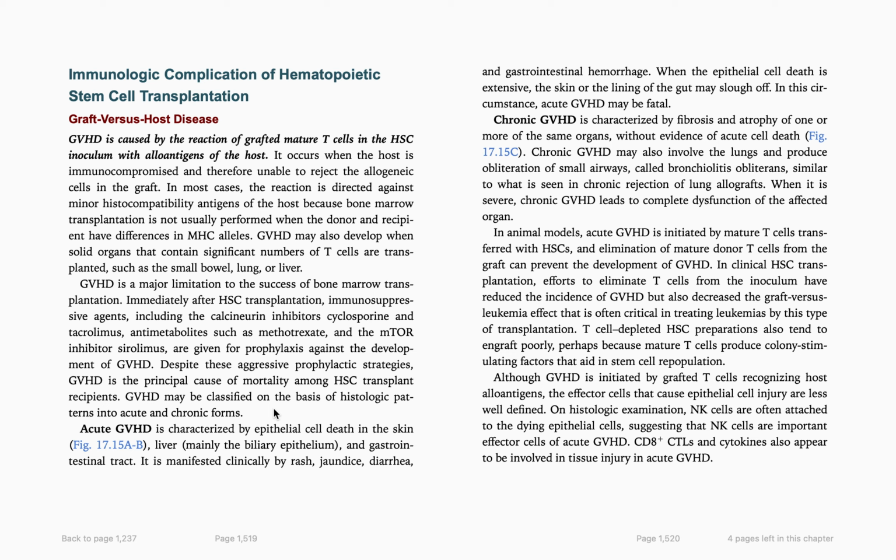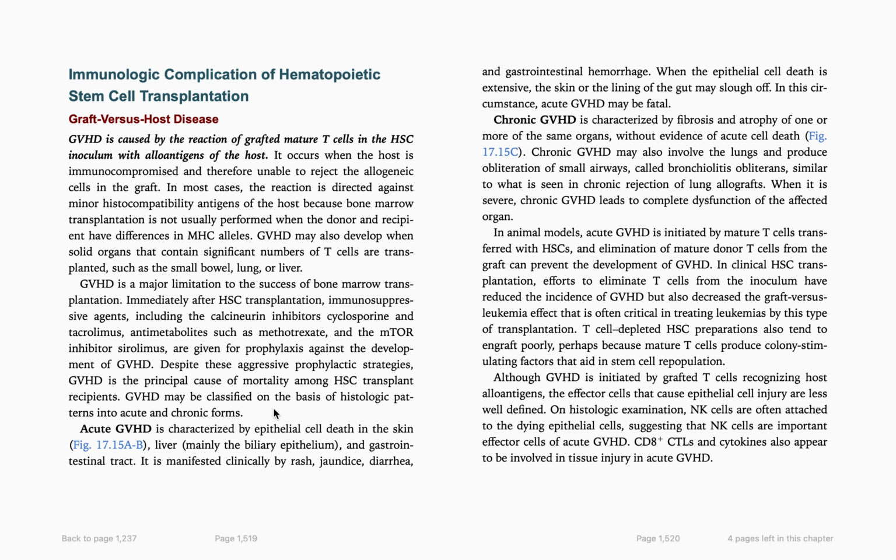Acute graft versus host disease is characterized by epithelial cell death in the skin, liver, mainly biliary epithelial, and gastrointestinal tract, and it is manifested clinically by rash, jaundice, diarrhea, and gastrointestinal hemorrhage. When epithelial cell death is extensive, the skin and lining of the gut may slough off. In this circumstance, acute graft versus host disease may be fatal.